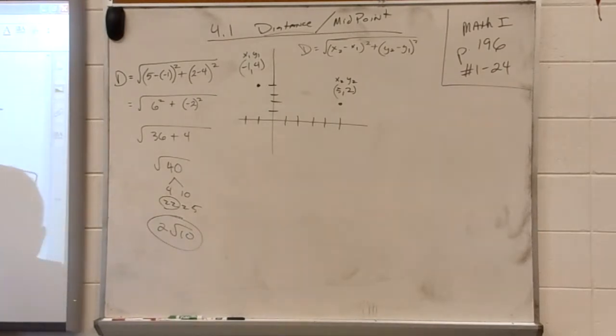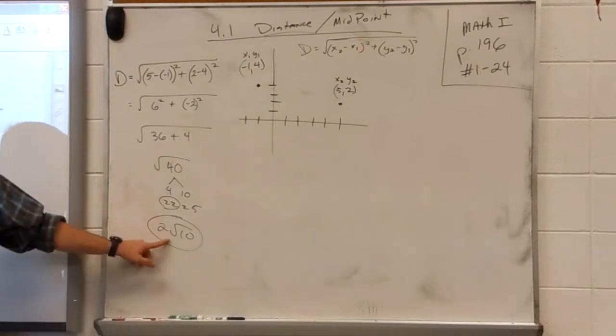That would be fine. Could your answer be 2 root 10? Yeah, that's what we got here. Could your answer be a fraction? Probably not. I guess there's a way that it could be, but most of your answers won't be fractions. Most of your answers will look like this.